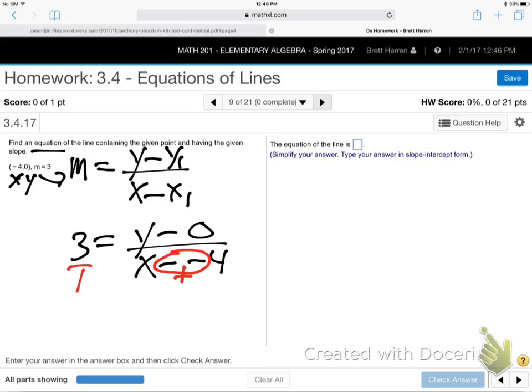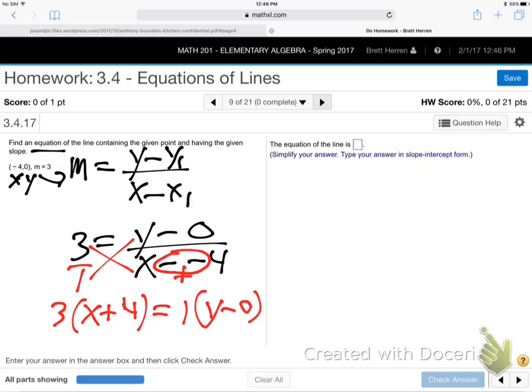And then what do we do from here? Go diagonal, diagonal, cross multiply. Is that good? So then we write it. 3x plus 4 equals 1, y minus 0. Does everybody see what I'm doing there? So I write the slope formula, plug in the slope, put the x behind the x and the y behind the y.